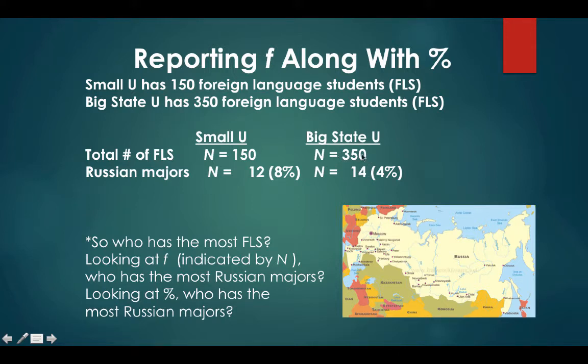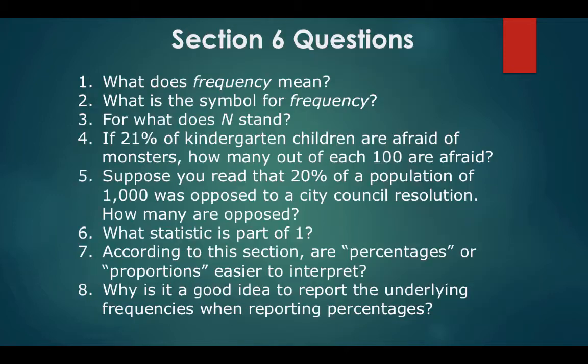They also have the most Russian majors, okay? But looking at the percent, who has the higher percentage of foreign language students who are Russian majors? Small U. Some of you may need to go back and re-watch what I just said. That's totally fine. Go back and watch that again.